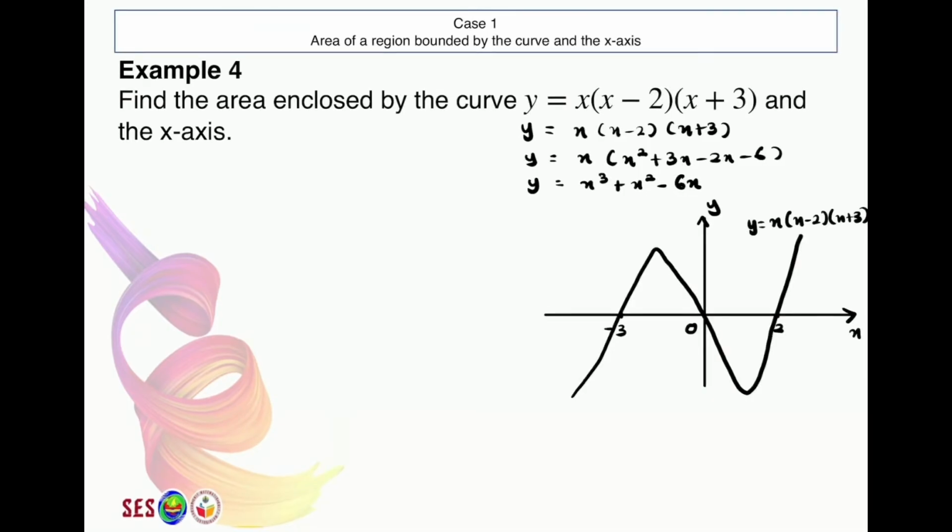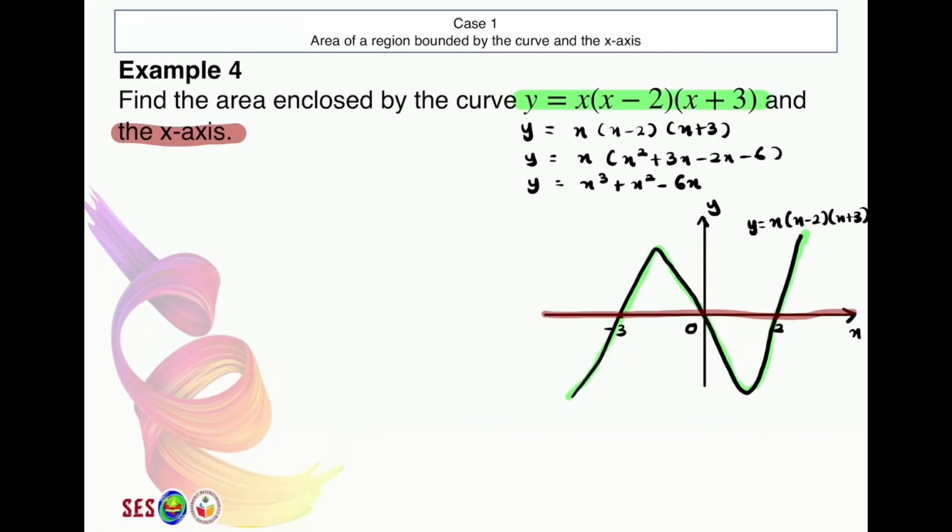Now if we were to highlight our boundaries, this will be our first boundary, the curve y. And our second boundary is the x-axis. I will be highlighting it in red.